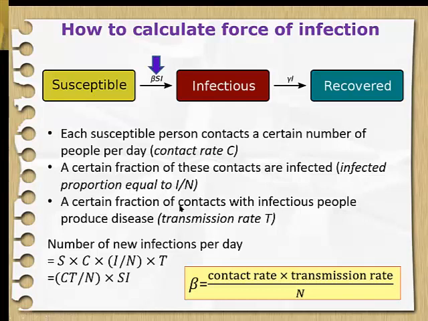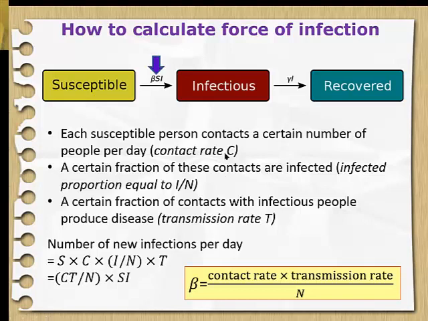Now, of these 2 people who are infectious, only a certain fraction of contacts will produce the disease, and that's called the transmission rate. So, as I said, suppose I have 10 contacts per day, and 1/5 of people are infectious, and then suppose only 1/2 of the infectious contacts will produce the disease. Again, these are all average numbers.